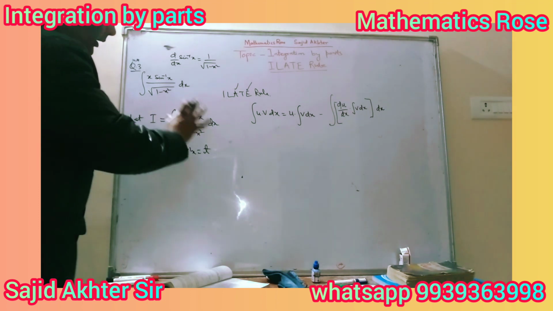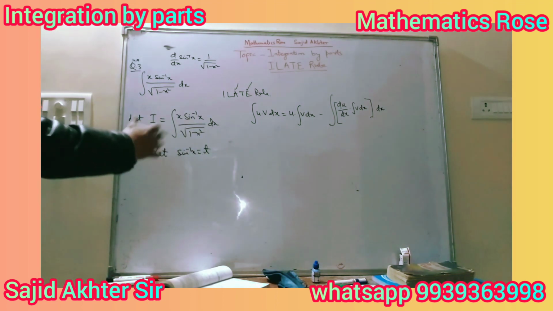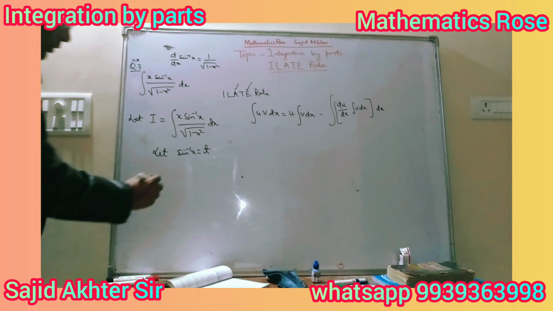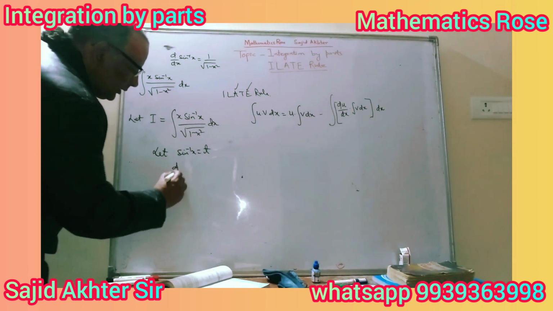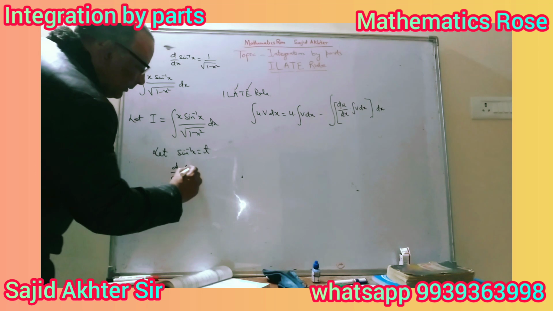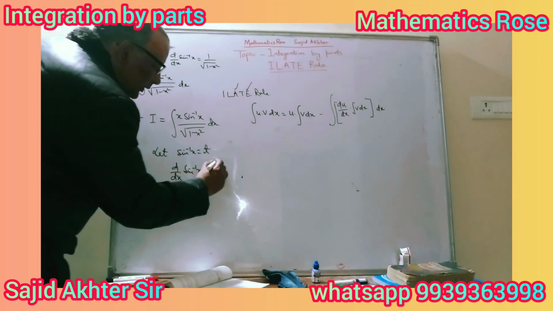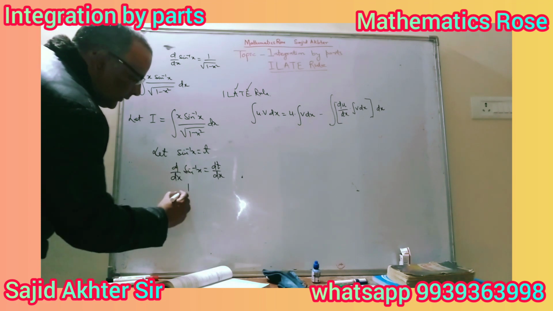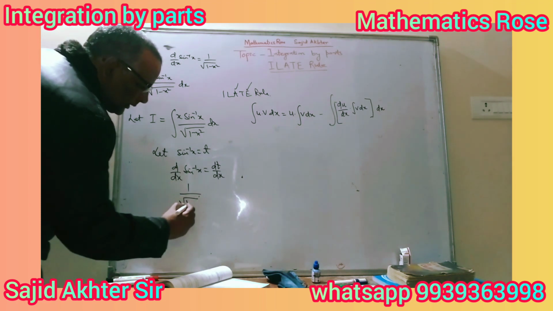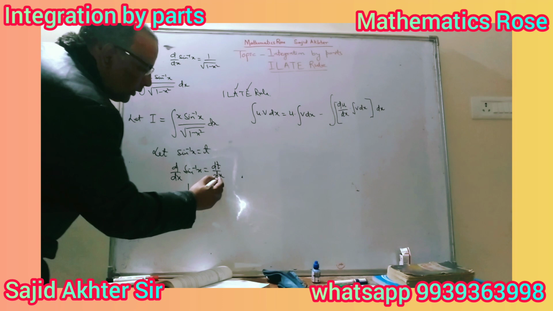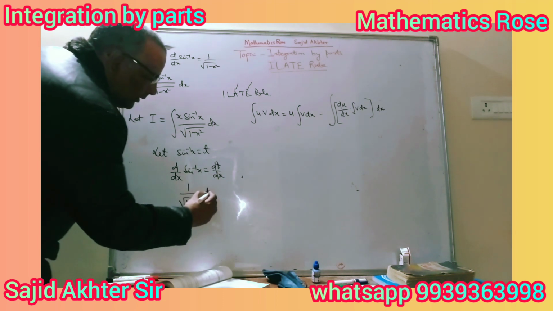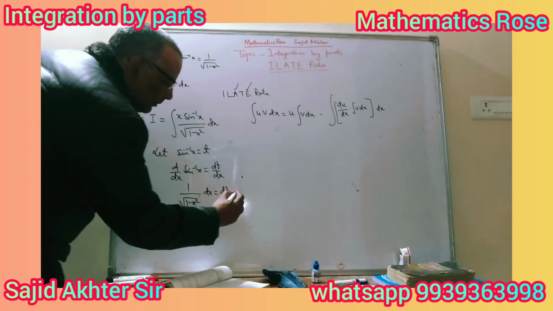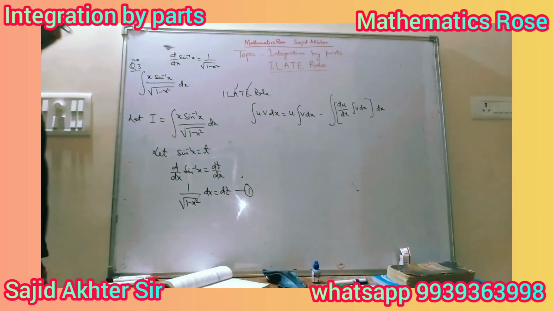Now we will convert the whole integration in terms of t. So now differentiate both sides with respect to x. The differentiation of sin inverse x is 1 upon root under 1 minus x square dx, so we will take this as dt.